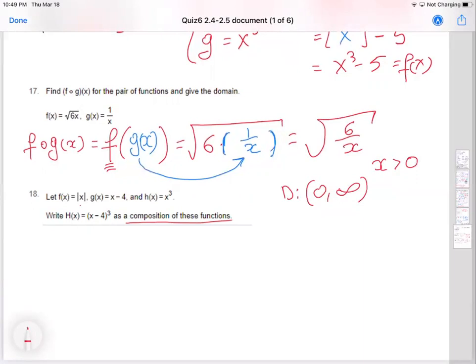We may not need all the functions, but we're given 3 of them. We're going to see which ones will give us h. So let's see what we have here. We have a third power. Therefore, h will be needed.